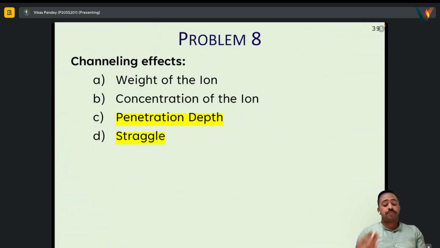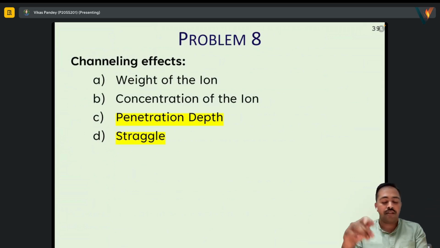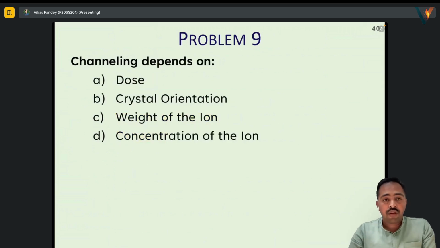And how is this overcome? This is overcome using two methods. One is slanting the wafer, and the second is using a thin oxide layer. Channeling depends on dose, crystal orientation, weight of the ion, or concentration of the ion.